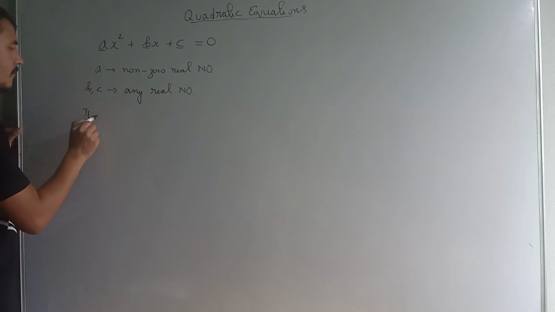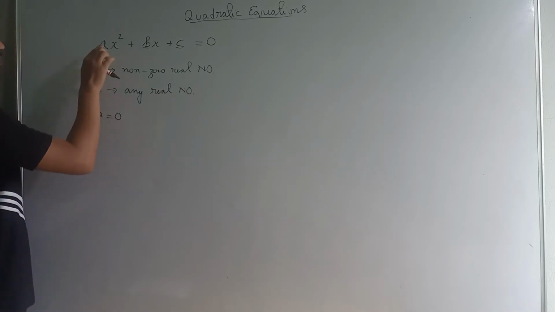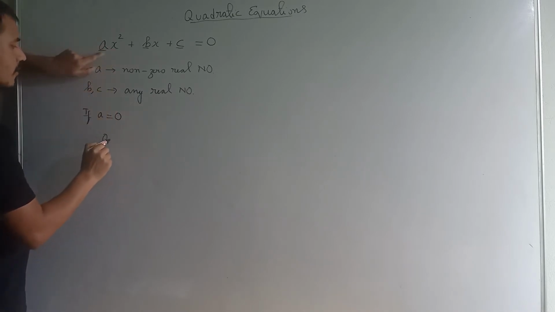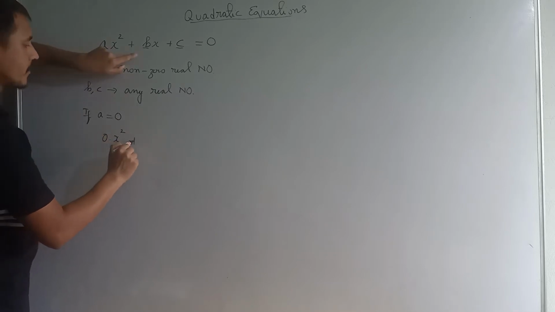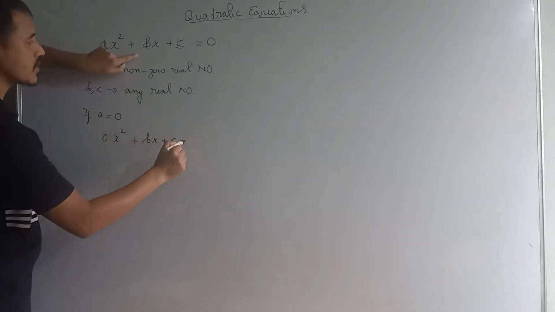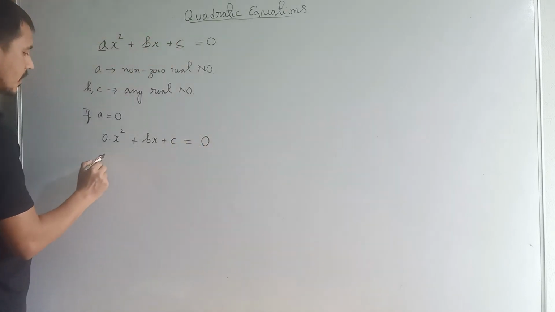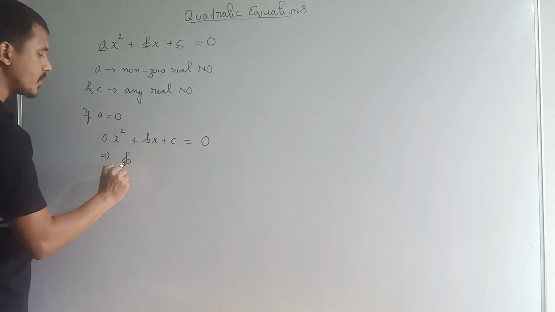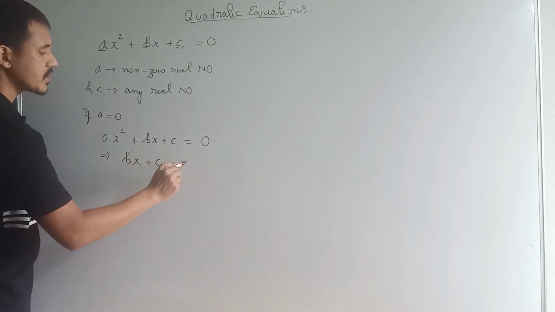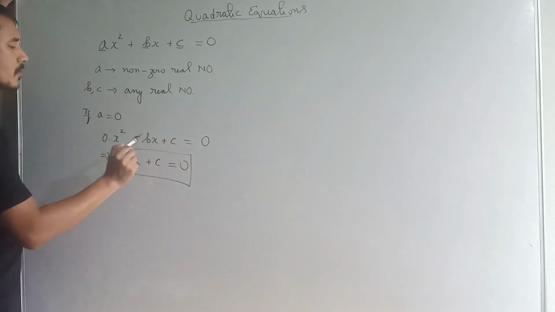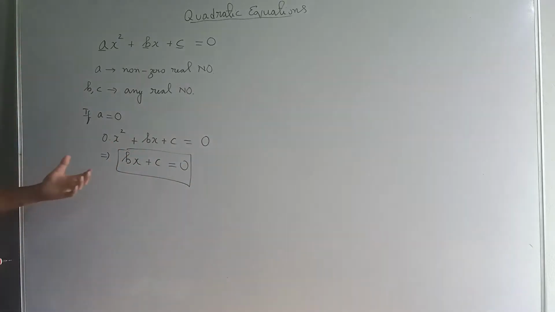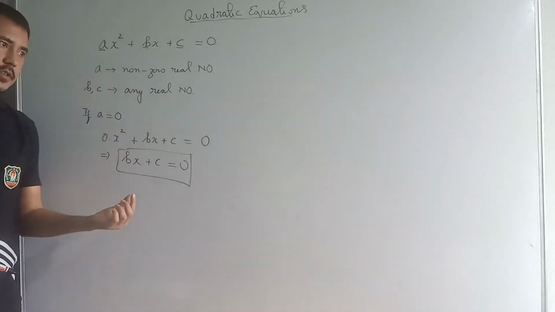Because if a is 0, then your equation becomes 0 times x squared plus bx plus c equal to 0. In that case, your equation reduces to bx plus c equal to 0, which is no longer a quadratic equation, but it becomes a linear equation.